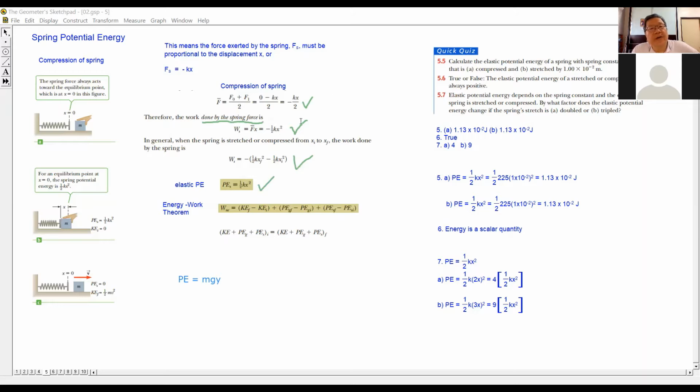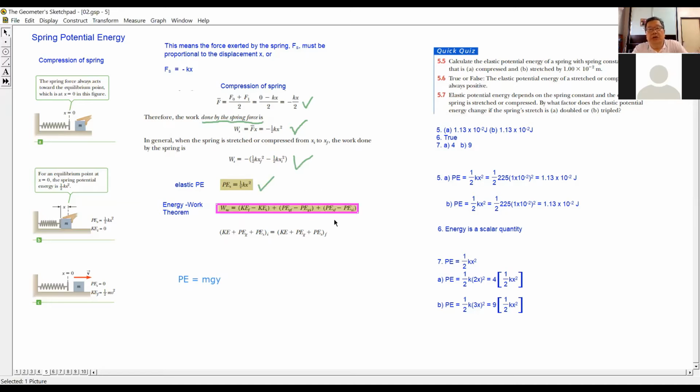Okay, so far what we have seen is work done against the spring or work done by the spring. They are the same, right? Equivalent, or is half kx squared. And if we include this spring factor in our conservation of energy equation, it will be something like this.